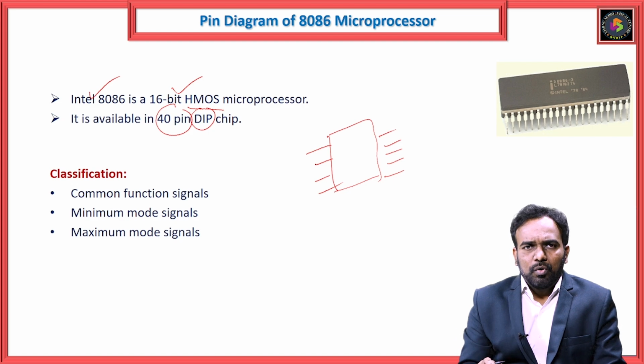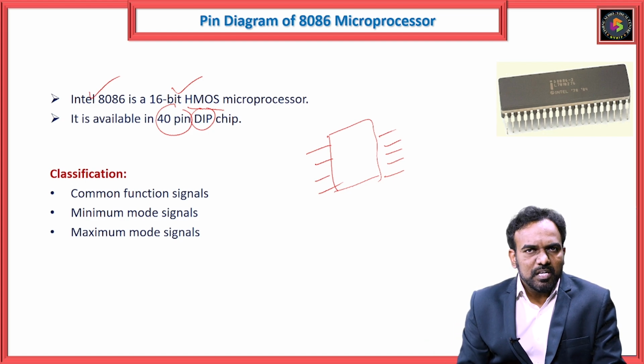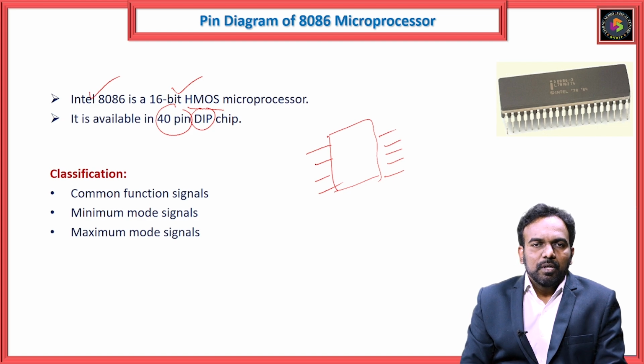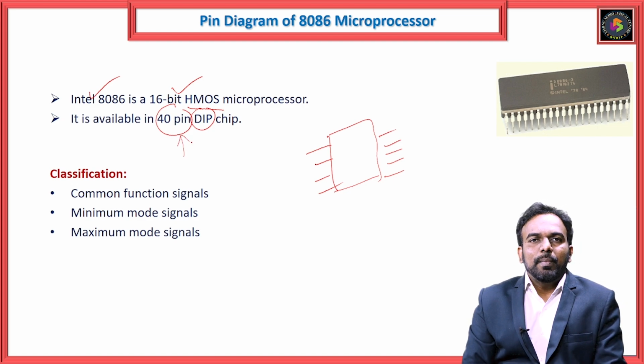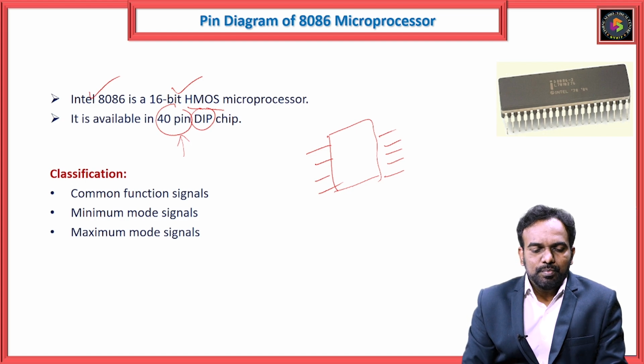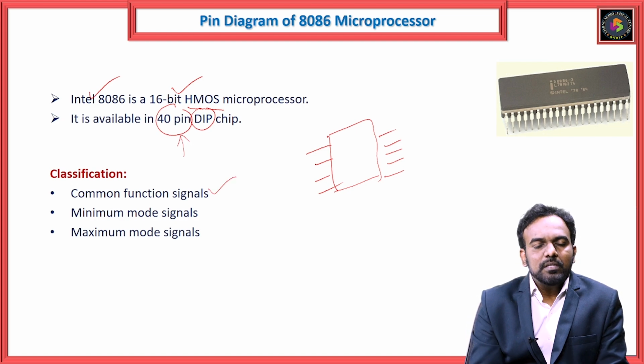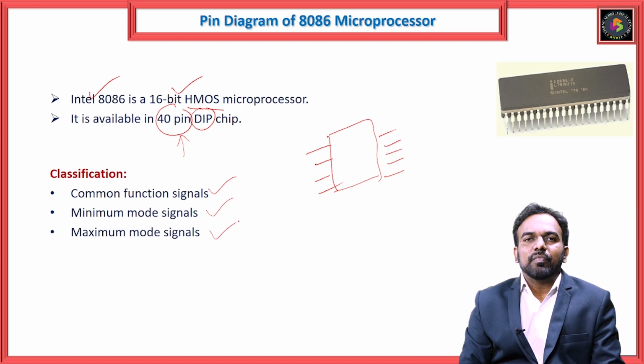Before we talk about each and every pin function, first we will discuss the classification of the pin diagram. The total available pins of 8086 microprocessor are mainly classified into three different groups: common function signals, minimum mode signals, and maximum mode signals.